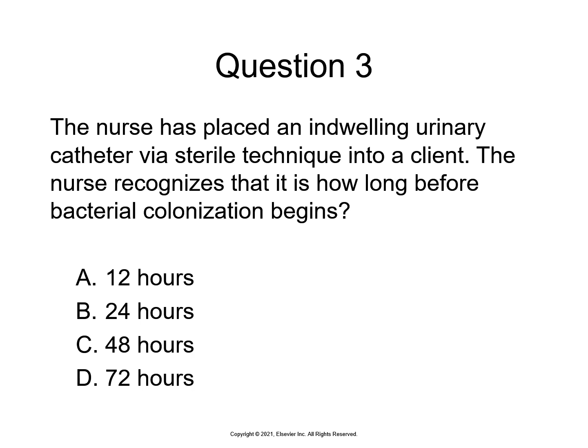So risks for infections associated with a catheter increase 3 to 10% per day that the catheter is in place. So 48 hours. And that's why they want you to get these catheters out as quickly as possible.